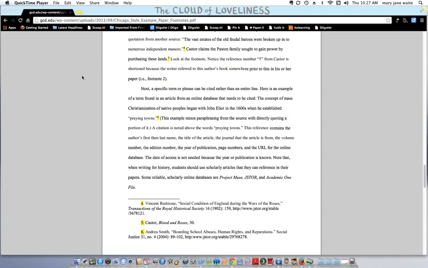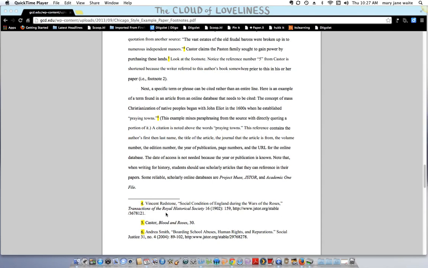We are on another page. We are on to footnote number 4. As you recall, we left off footnote number 3 with Ibid, the identical information from the previous citation from Castor. All right, as we can see, footnote number 4 is again citing a quotation from a source at the foot of the page, by Vincent Redstone.